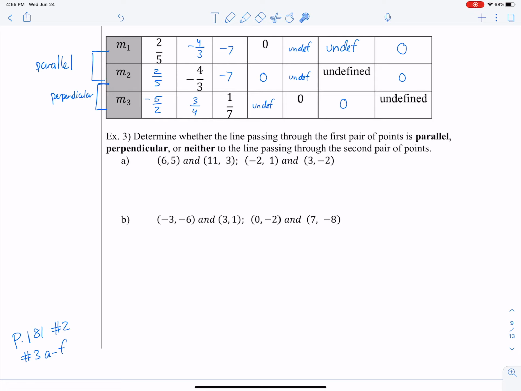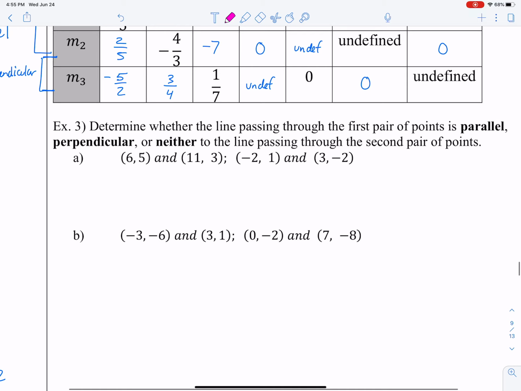We're going to calculate our slope, and then compare that slope to the slope we calculate with our second pair of points. So we're basically doing 2 mini equations. This is going to be x1, y1, x2, y2. And then we're going to do the same thing again. x1, y1, x2, y2. Okay.